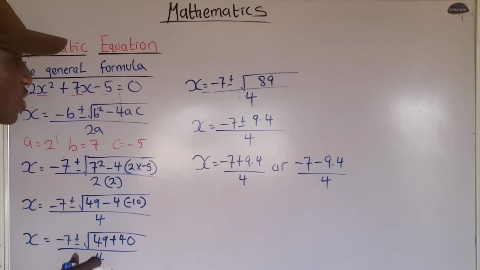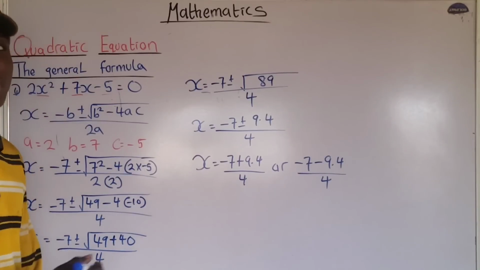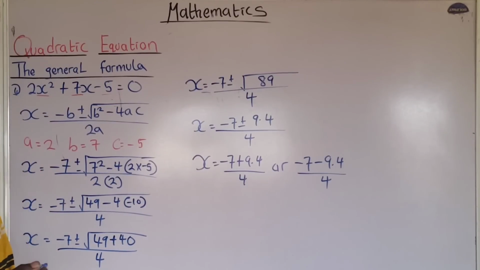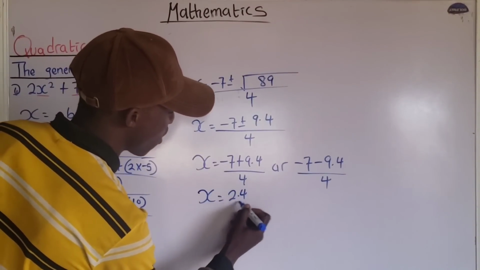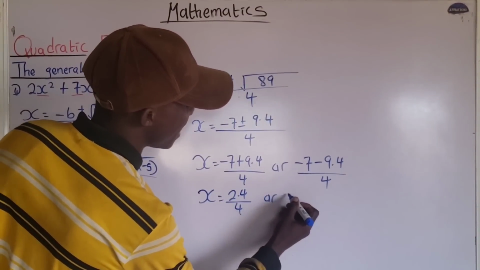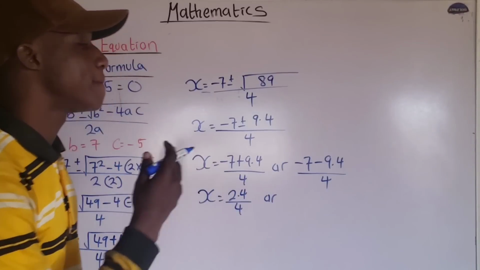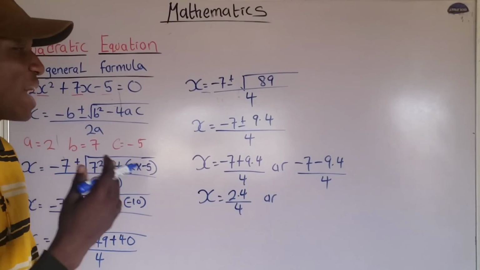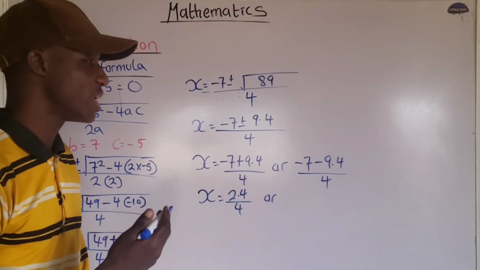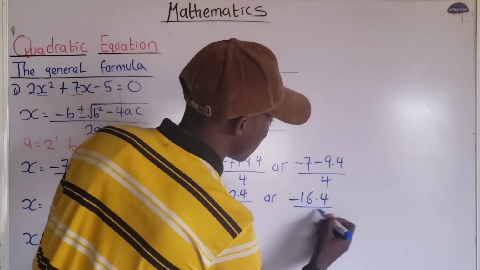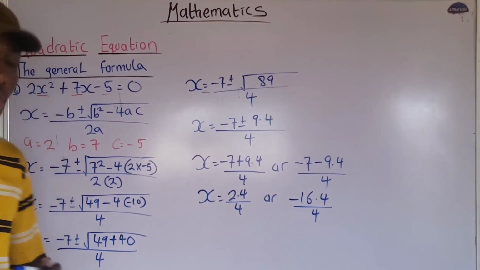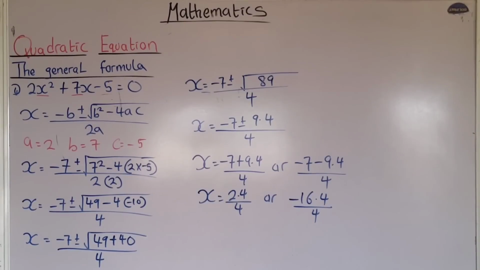You understand? So here I'm going to have minus 7 plus 9.4. That will give us 2.4. Okay, so x is equal to 2.4 all over 4, or x is equal to minus 7 minus 9.4. That will give us what? Minus 16.4. So I'm going to have minus 16.4 all over 4. Okay, 2.4 divided by 4, what will be the answer?